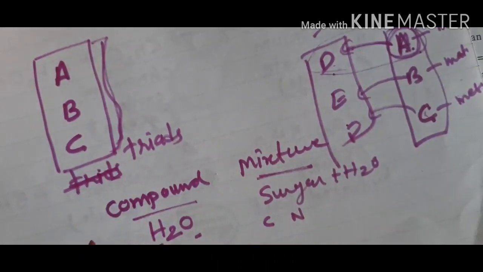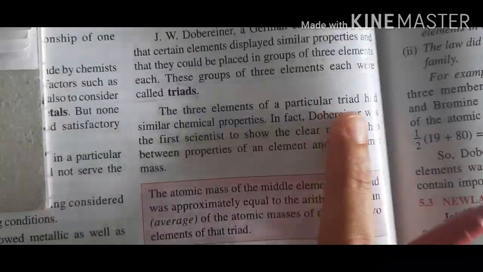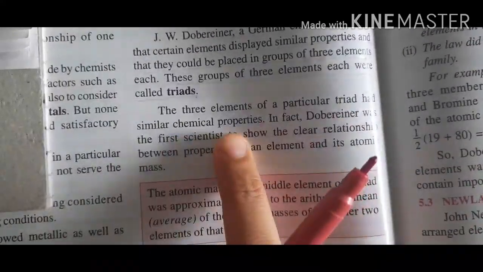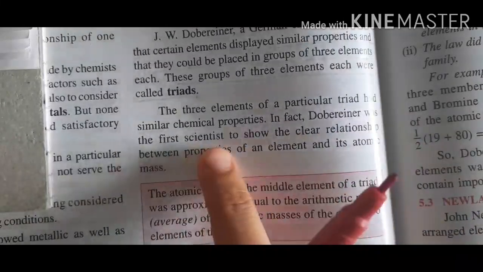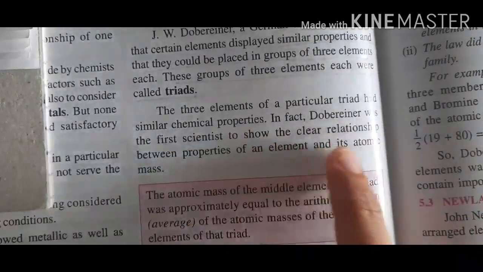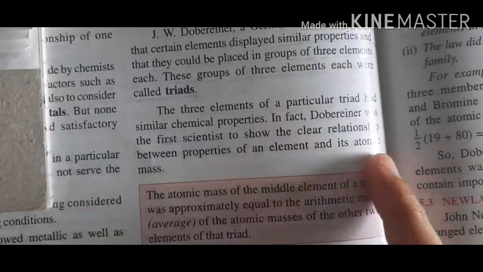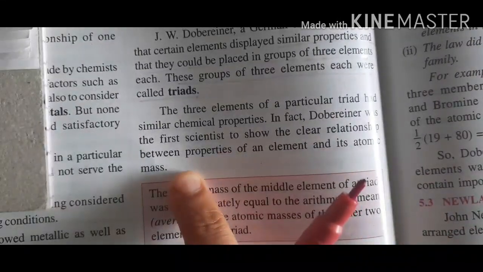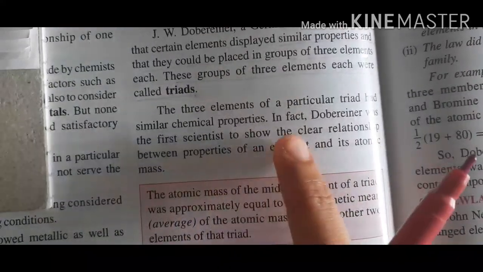Why not 4? So let's learn. The 3 elements of a particular triad had similar chemical properties. In fact, Dobereiner was the first scientist to show a clear relationship between the properties of the elements and their atomic mass. I hope you understand this, but I am explaining in detail.